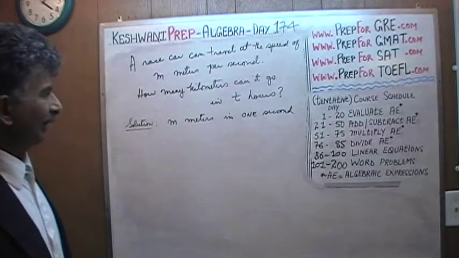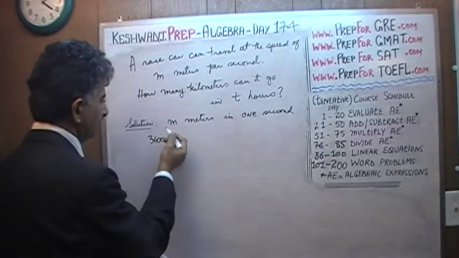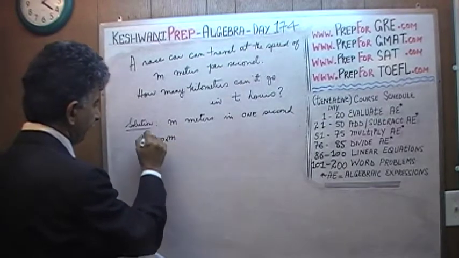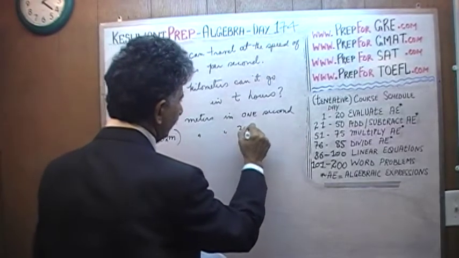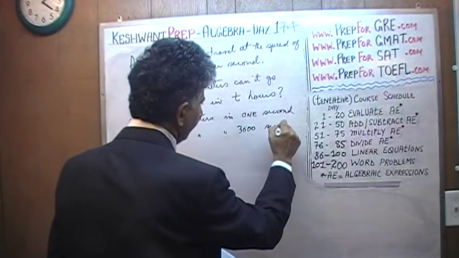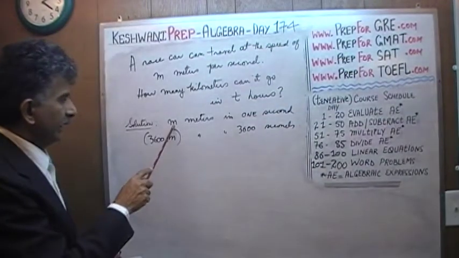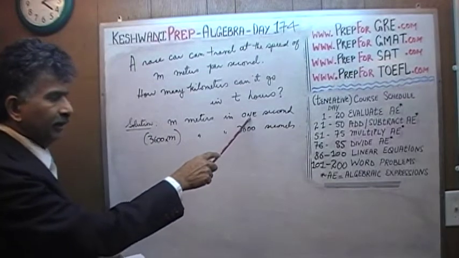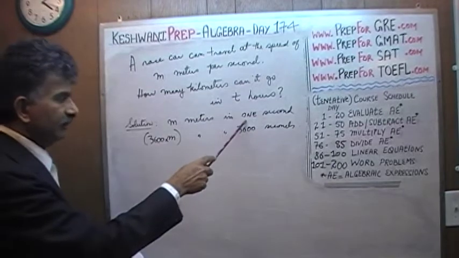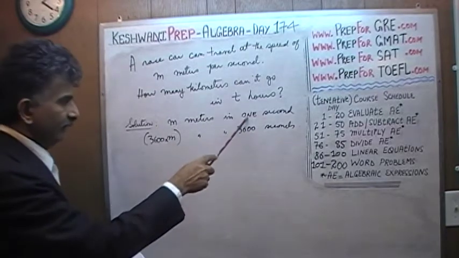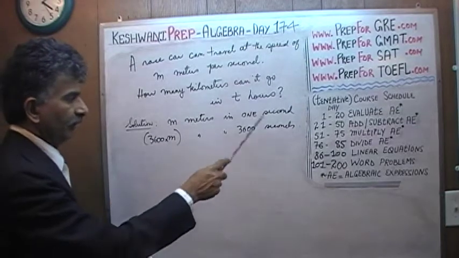Well, m meters in 1 second should be same as 3,600 times m meters in 3,600 seconds. It makes perfect sense. If you're going m meters in 1 second, then you should be able to go 2 times m in 2 seconds, and 3 times m in 3 seconds, and 10 times m in 10 seconds, and therefore 3,600 times m in 3,600 seconds.